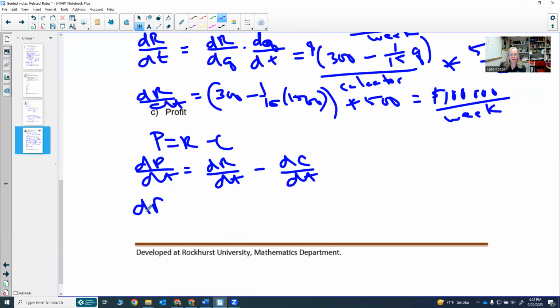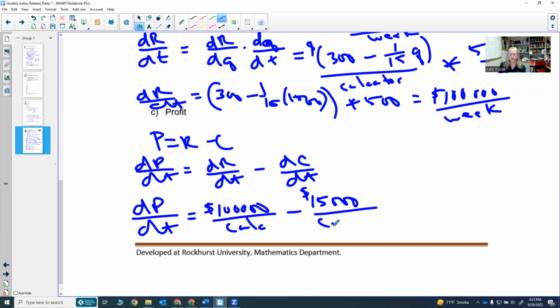So dP/dt is equal to dR/dt, which was $100,000 per week, minus dC/dt, which was $15,000 per week. And so your profit is changing at a rate of $85,000 per week.